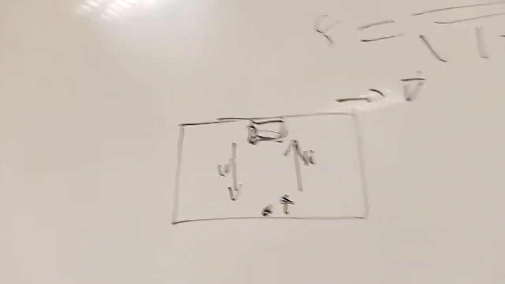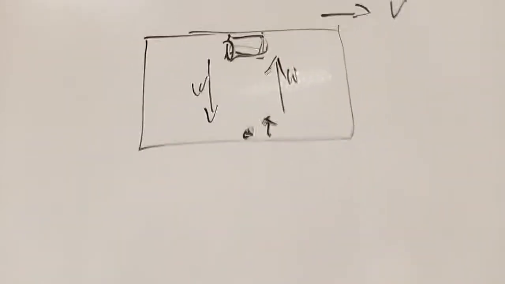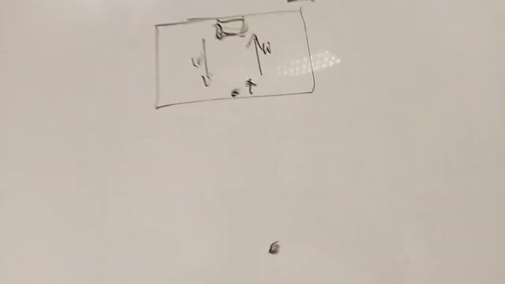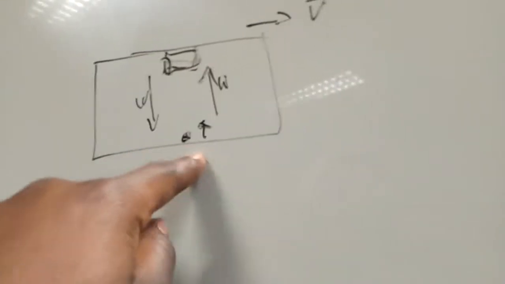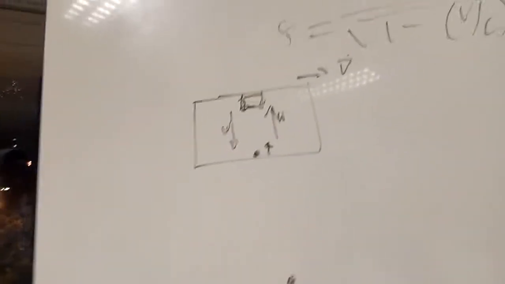So let's say the distance from here to here is w. That means the light beam covers a distance of 2w going back and forth. This person, who thinks he or she is stationary inside the train, we label the time he or she measures as t sub s, which means t stationary.